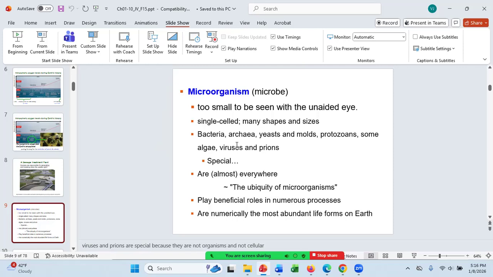All bacteria and archaea are similar to a single-celled organism, and we call them a microorganism. Like I said, viruses and prions don't have cells, so I don't call them organisms, but your textbook does. So you have to learn it both ways. I will never test you on the difference here.